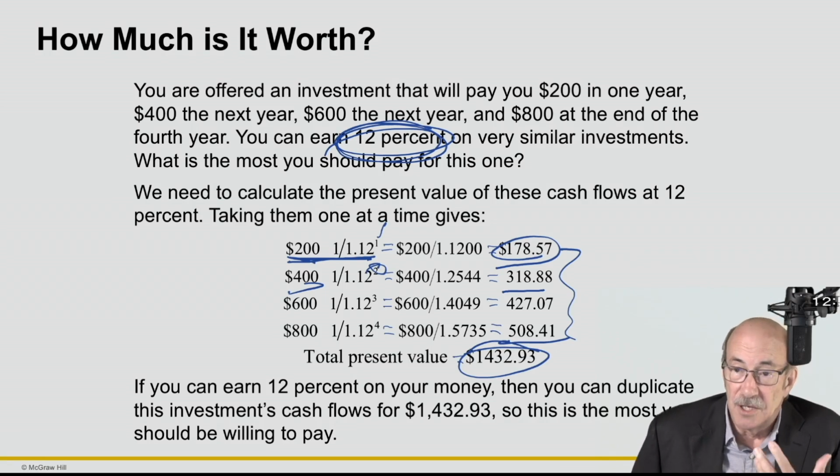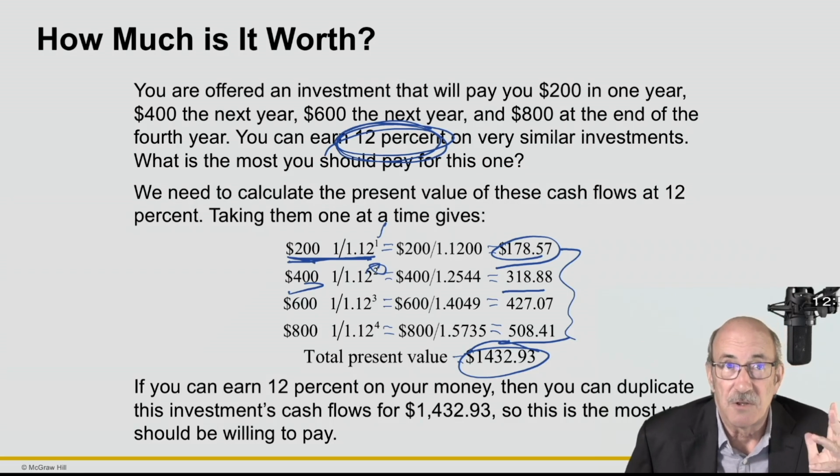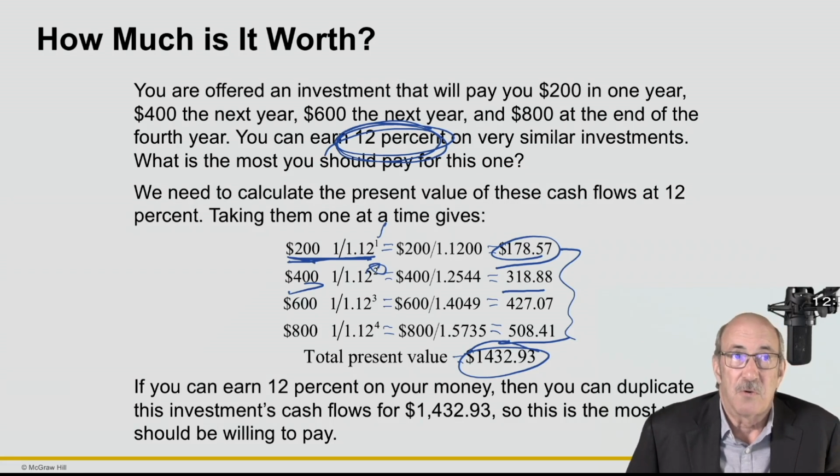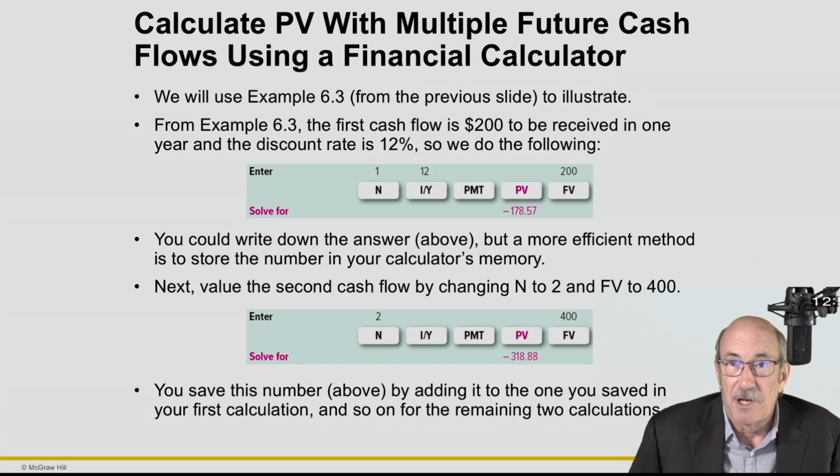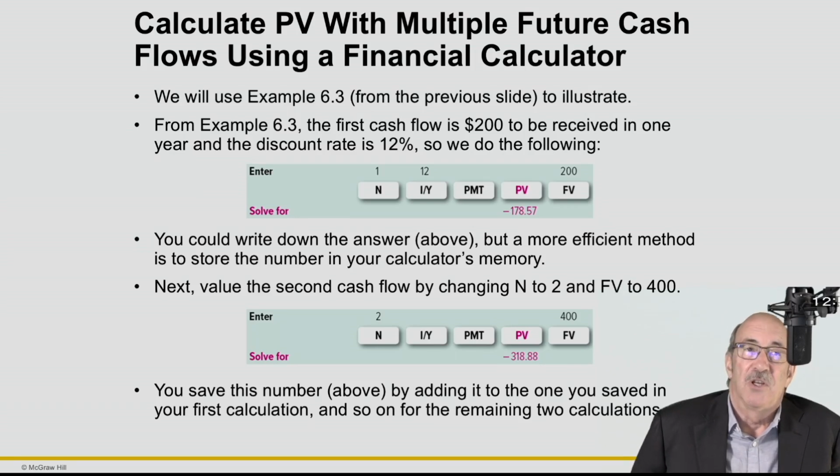So as long as this $1,432.93 is the same as the price that you were offered, then this is a good investment. The way of looking at this from a calculator perspective, we could do it this way, which is to say we do each payment separately.